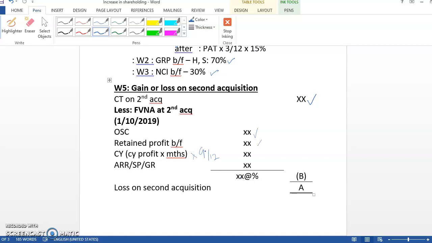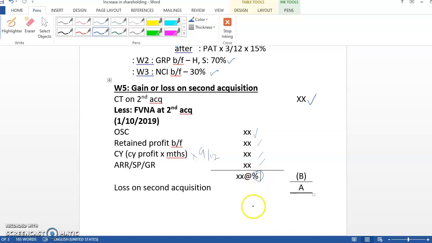And then if you have any other reserves, your share premium or general reserve, you may include them also in the computation. When you get your total amount, you will times the percentage. This percentage actually refers to the difference in NCI. For example here, the acquisition is 70%, NCI is 30%. Then they add another 15%, NCI becoming 15%.